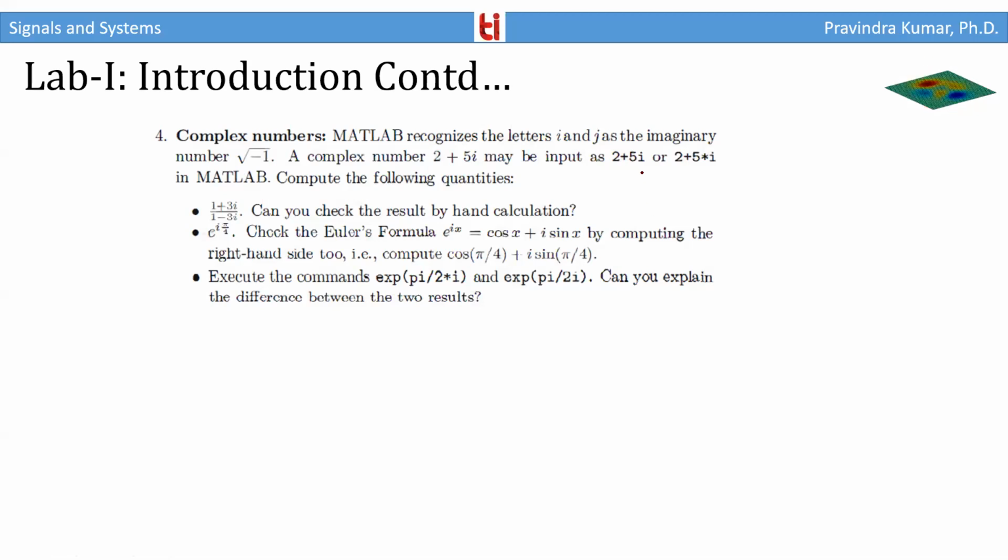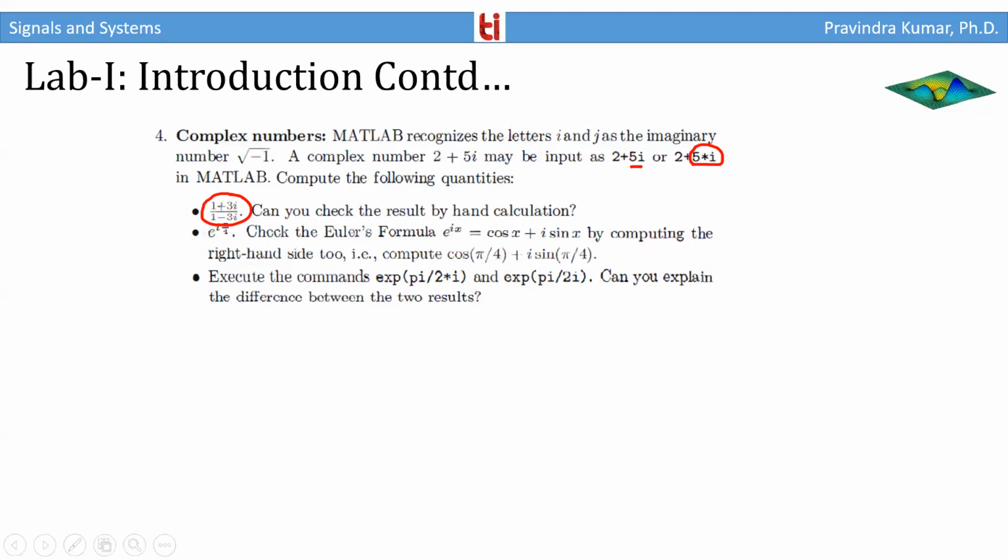And for 5i, you can also write 5 into i. So you can find out the value of 1 plus 3i by 1 minus 3i. You can simply write 1 plus 3i divided by 1 minus 3i.